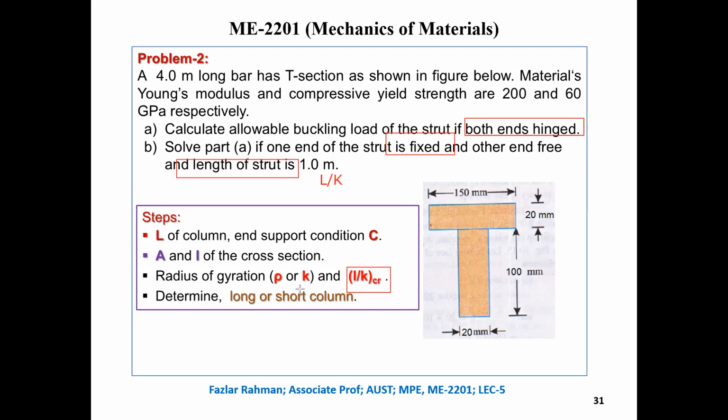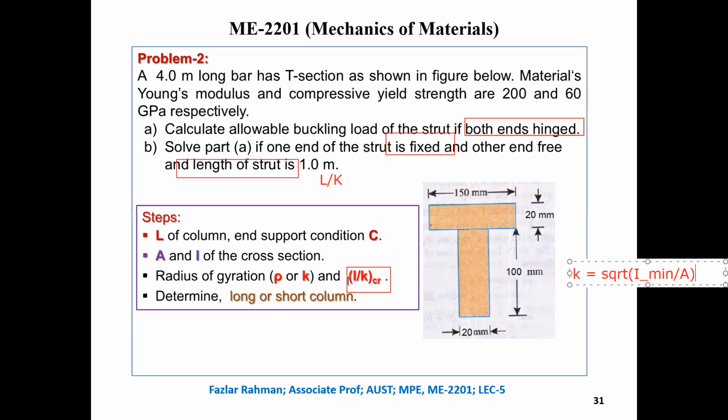Then you need to figure out rho or K. What is rho or K? K equals the square root of I minimum divided by the cross-sectional area.